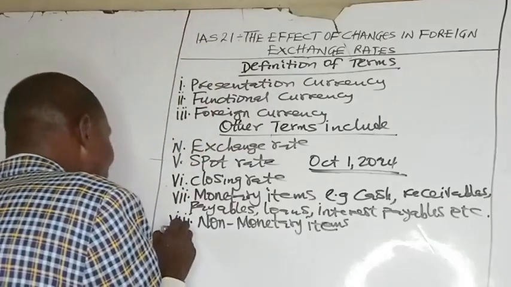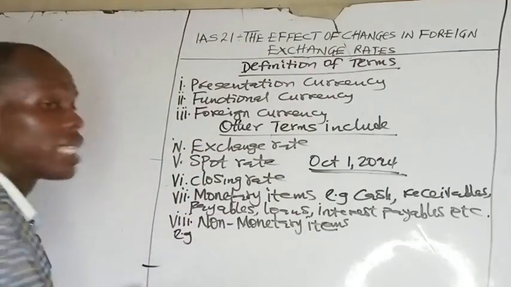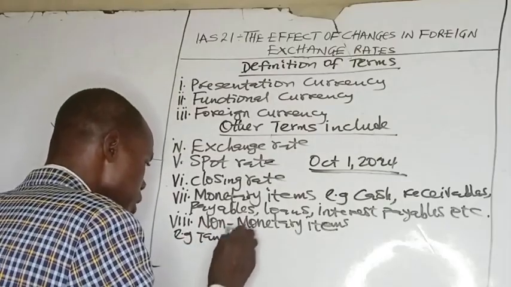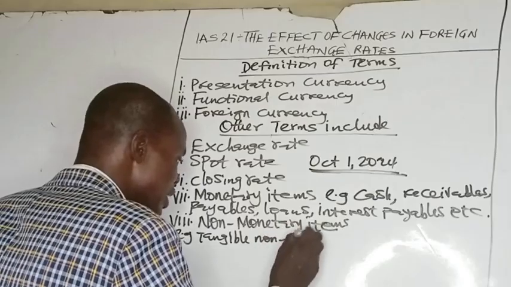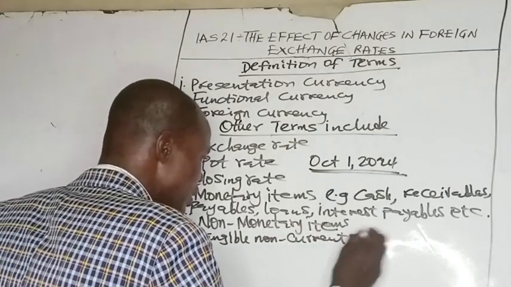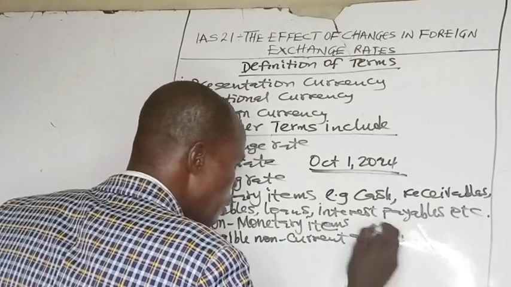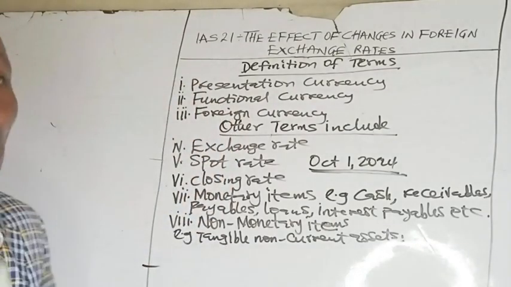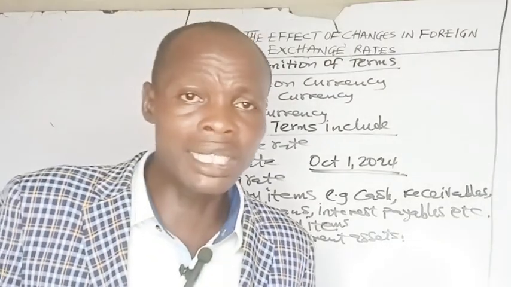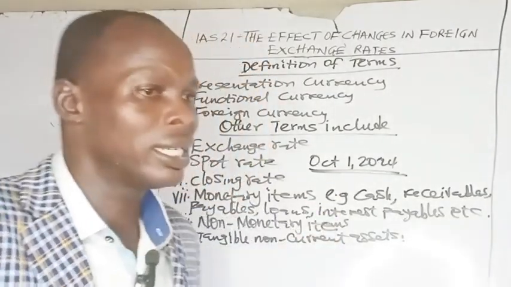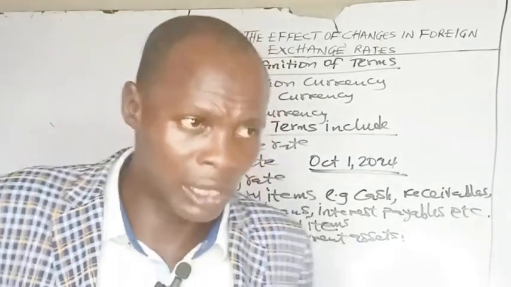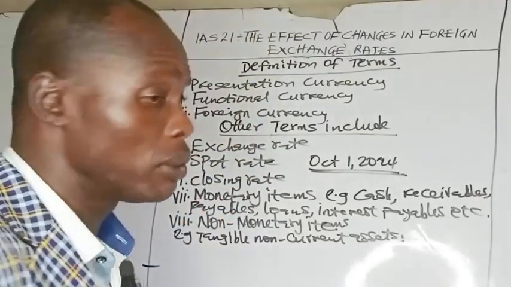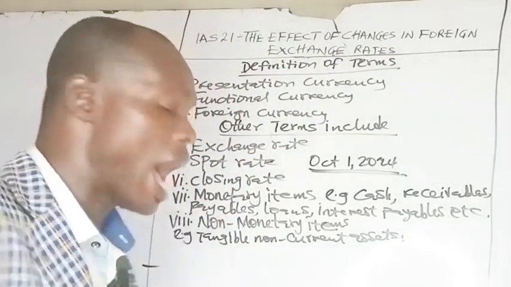Examples of non-monetary items include tangible non-current assets, investment in other companies, investment properties, and deferred tax. All these are examples of non-monetary items.